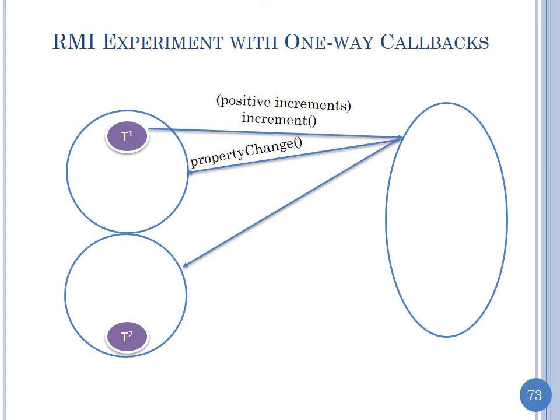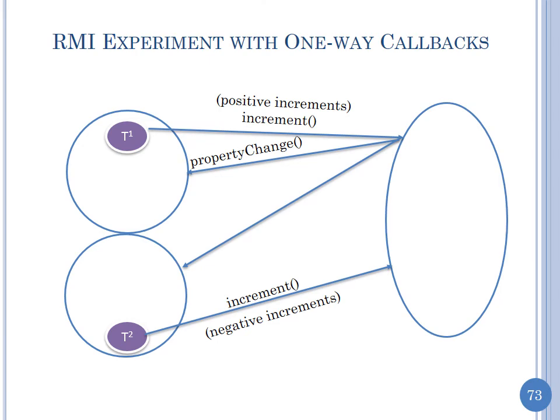To distinguish between the two processes, I'm going to have one process give positive increments, and the other process give negative increments. So we'll know from the console output in the server which process invoked increment.